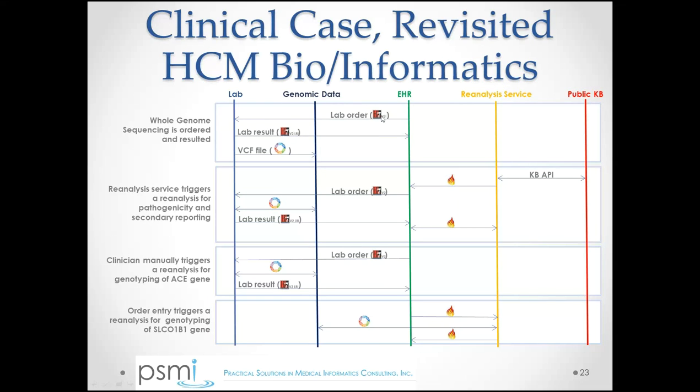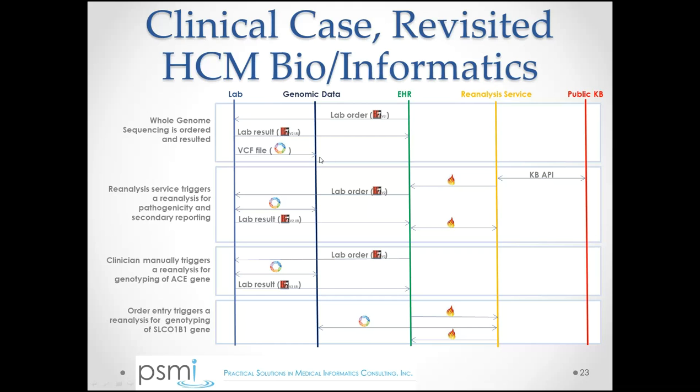And in the first one, this is the simple scenario where an order goes to the lab for next generation sequencing. The lab sends back, using the V2 LRI, the discrete observations. Okay? But in this case, the lab is also storing the raw data, or at least a VCF file, in the GA4GH genomics repository.